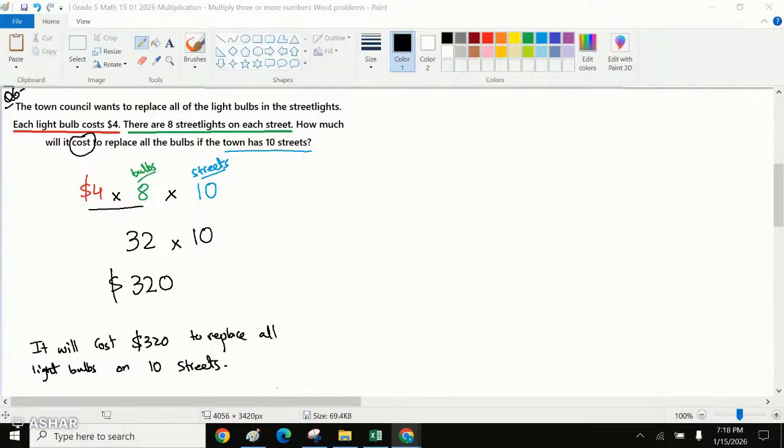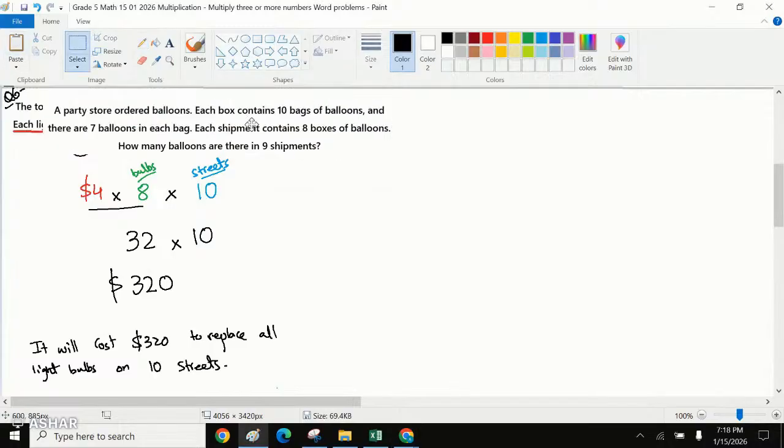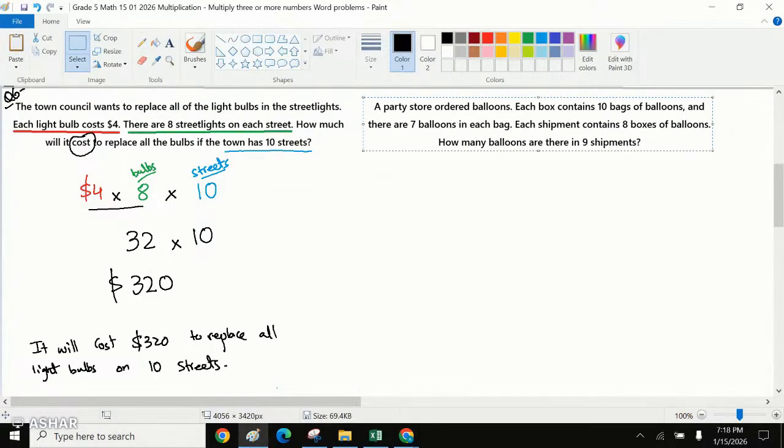Okay. So when we move on to the next question, question number 7 states that a party store ordered balloons, right? Each box contains 10 bags of balloons, right? There are 10 bags, and there are 7 balloons in each bag.